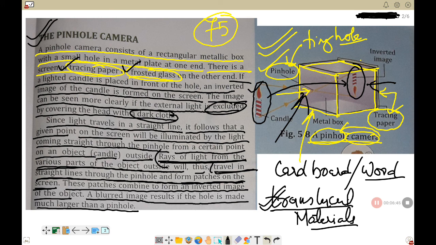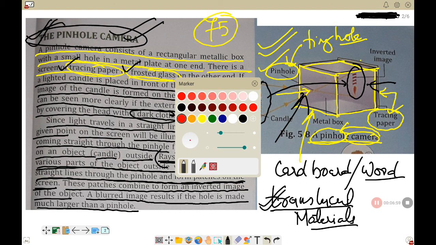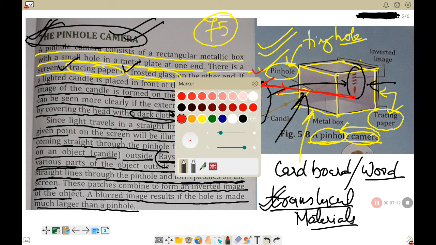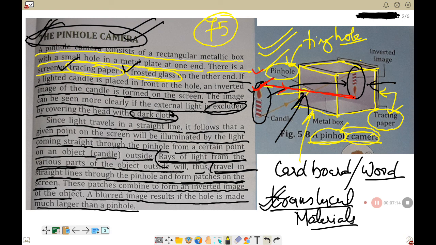Now see, what is the main motive of learning this pinhole camera? The main motive is to realize that light actually travels in a straight line. If you see here, from the tip of the candle a ray is traveling in a straight line and striking the screen. The ray from the tip of the candle is traveling and reaching here. Let me change the color here.